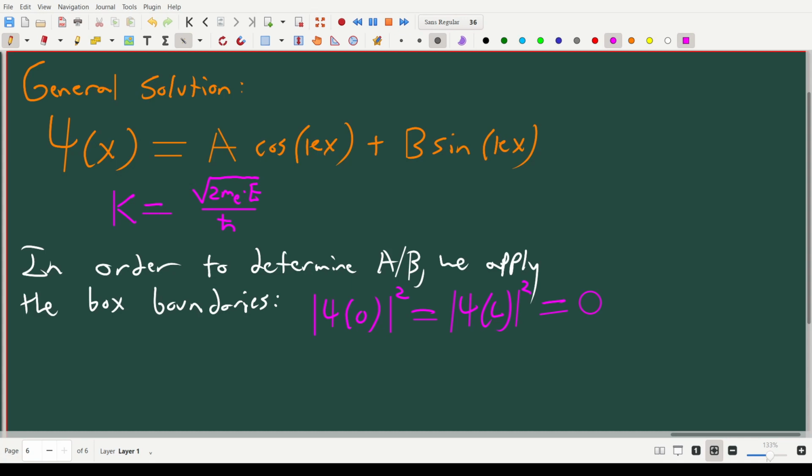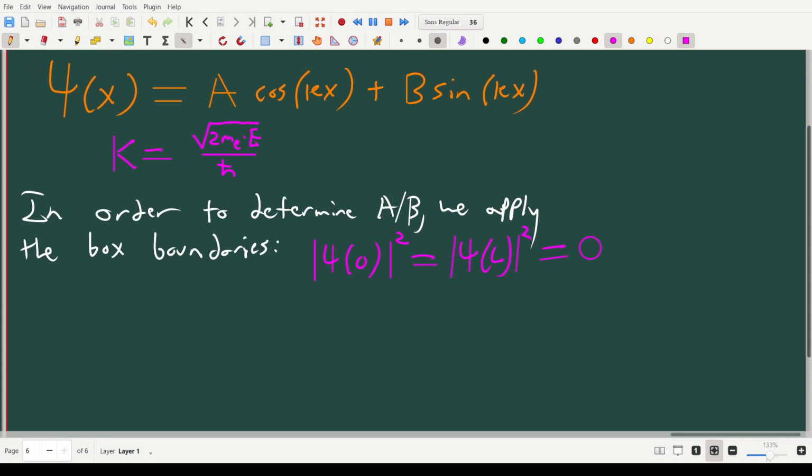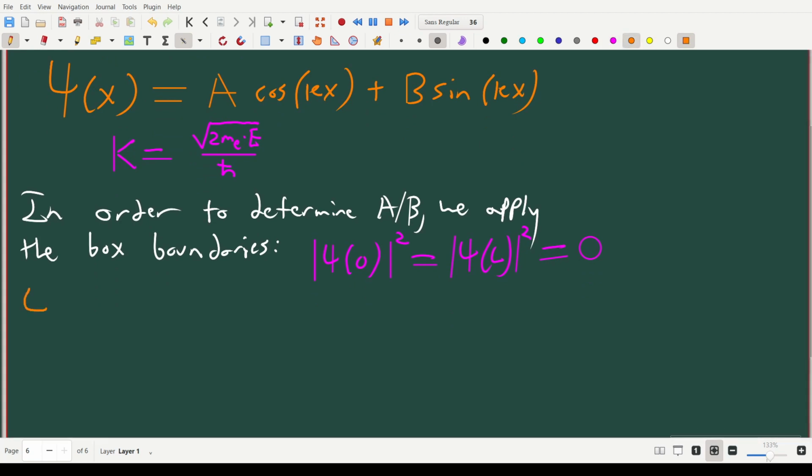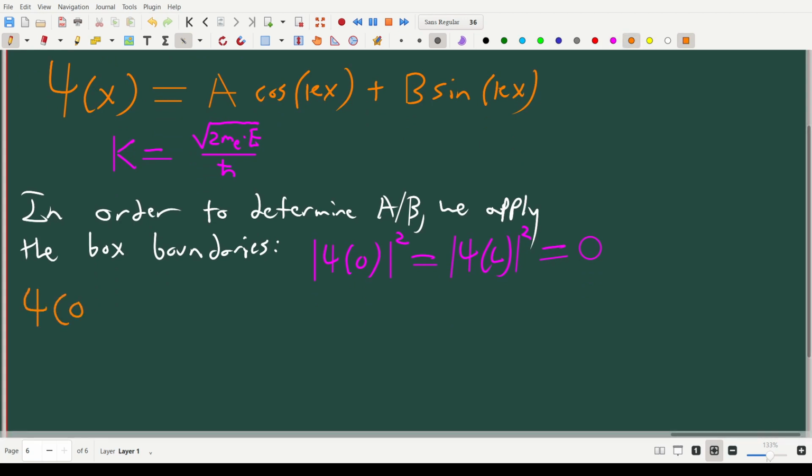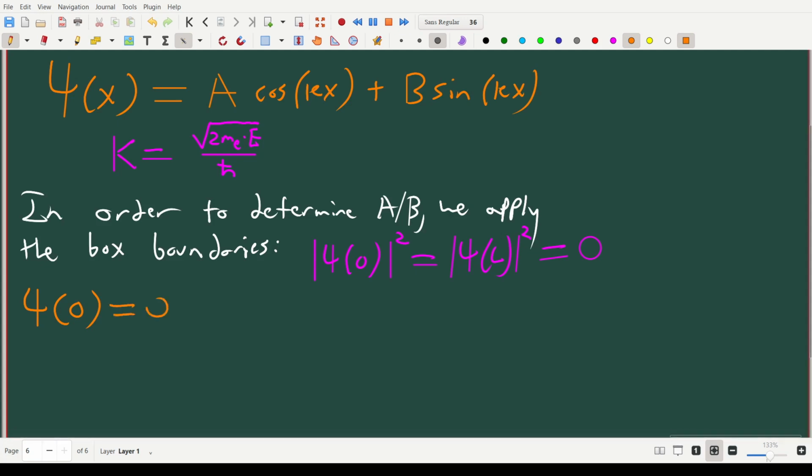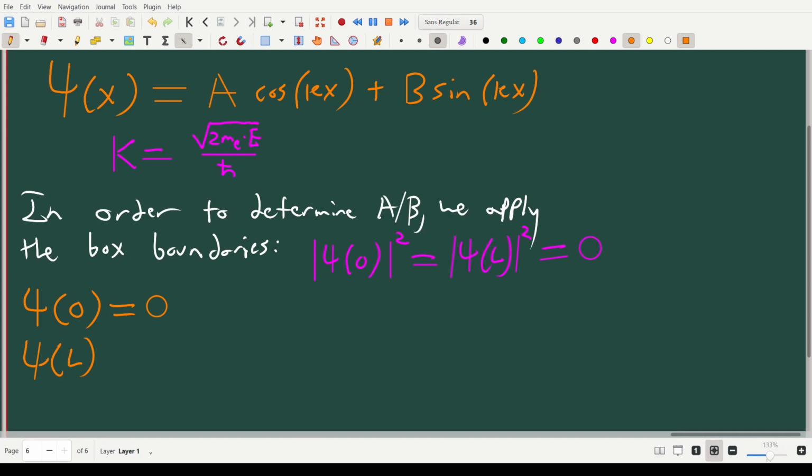And this naturally gives us a boundary condition. We just take the square root of everything. So the boundary condition we have is that the wave function at 0 is 0, and the wave function at L is 0. Okay? So that's our first set of boundary conditions. The wave function has to disappear when it hits the walls. It can't be past the walls, it can't be on the walls, so it has to be 0 at that point.